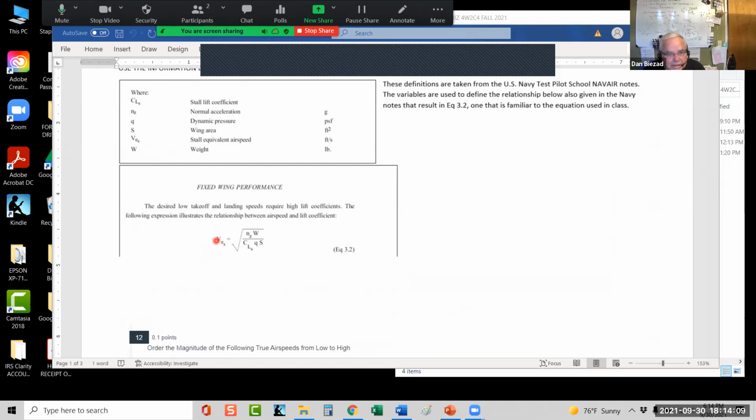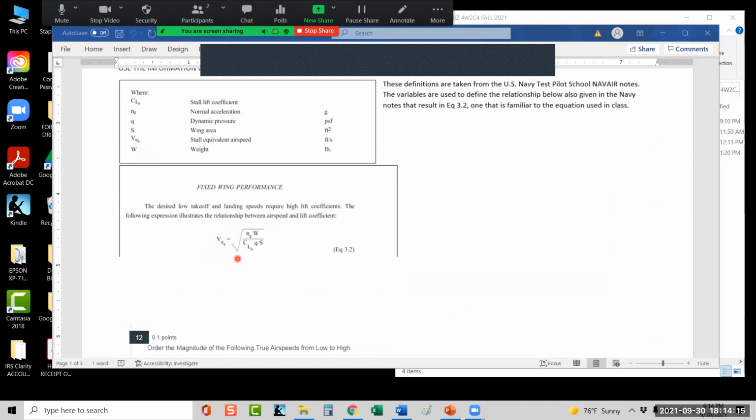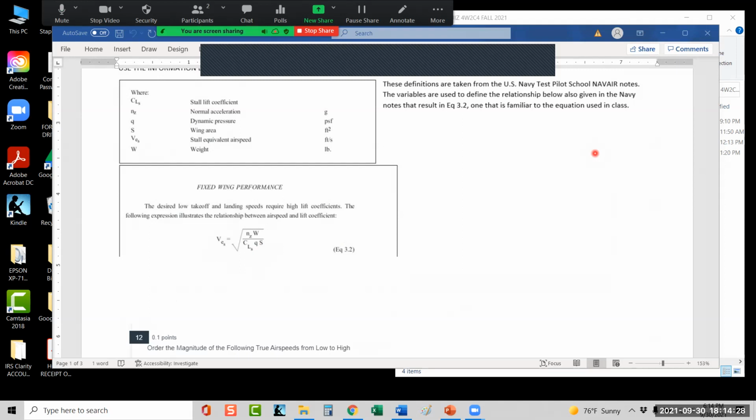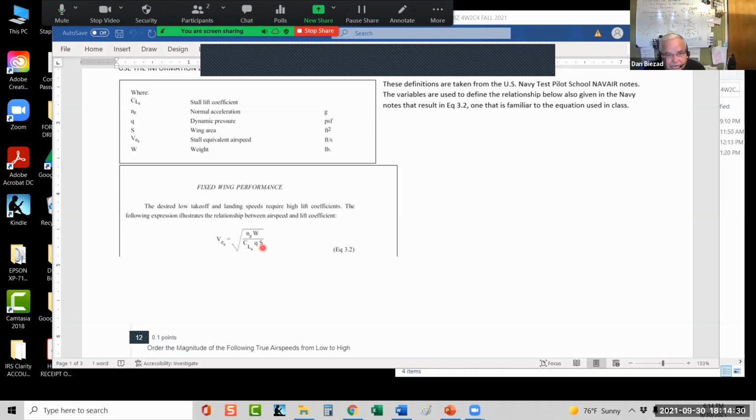If you square both sides, you get VE squared here, and then that radical will go away on the right hand side, right? But isn't VE inside of Q? Isn't Q 1/2 rho sea level VE squared? So how can VE be outside of Q? No, it can't.